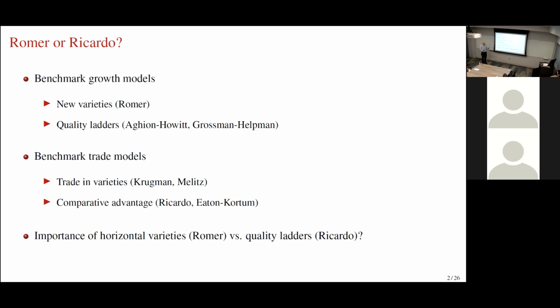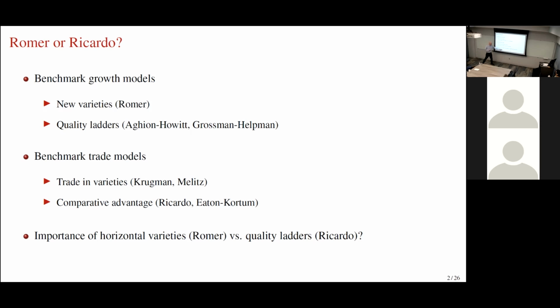And so then the question that sometimes I get from first or second year students is, why do these parallel paths exist? Is it just a taste choice that we get to make about which way we model it, or is the real world going to tell us which is more important? So that's where we're coming from: having a unified model that's got both the Romerian Mallets varieties, but also the Ricardo Eaton-Gordon quality ladders, and see which is more important for things like growth, but also trade and maybe TFP differences across countries.